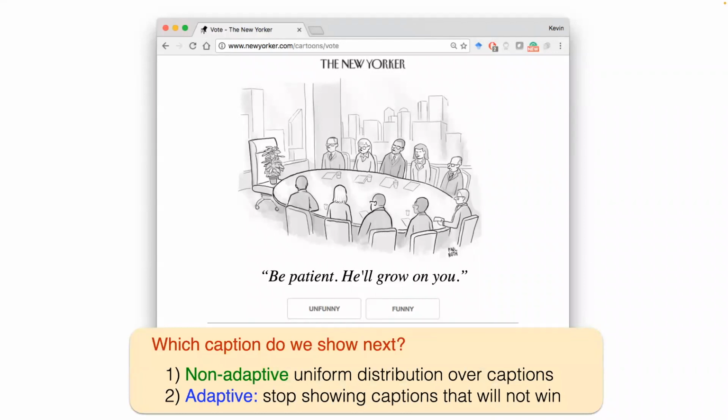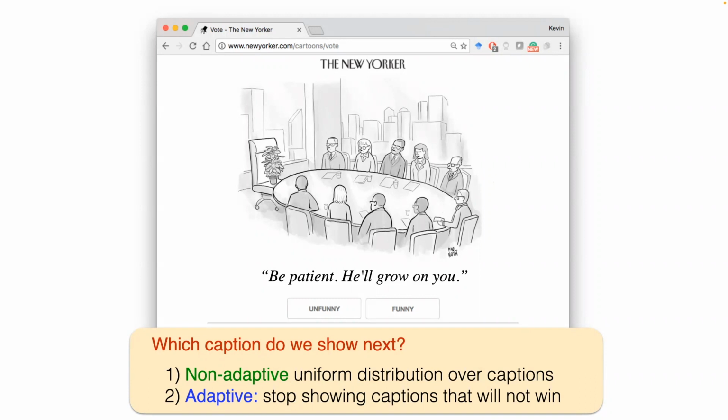And the idea here was you could just treat this as an A/B testing problem and do a completely non-adaptive, uniform approach, showing each of the 5,000 captions equally. But immediately, the vast majority of these captions are really bad.